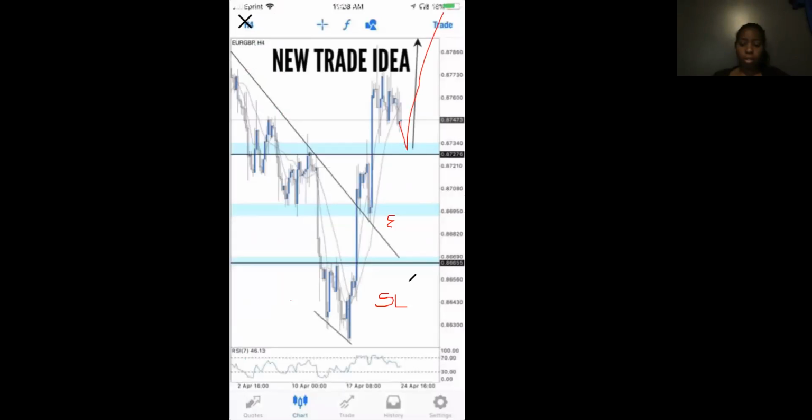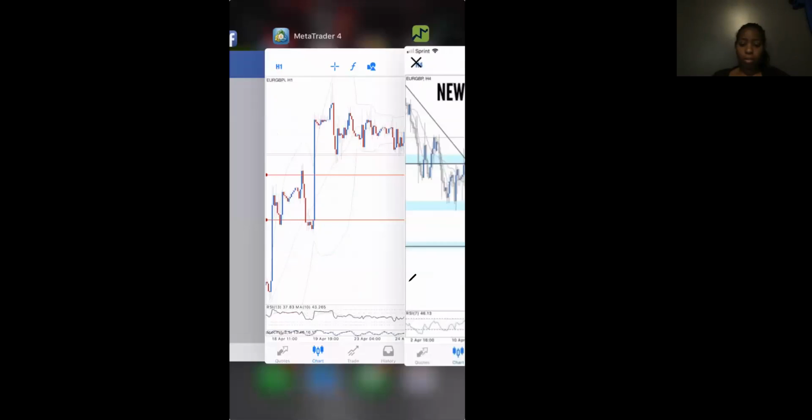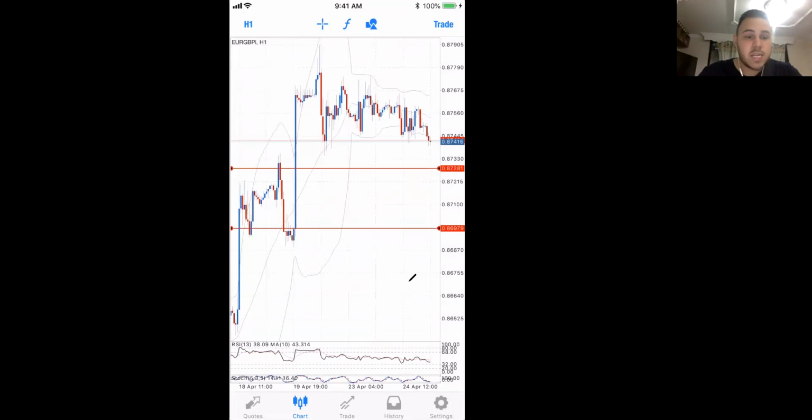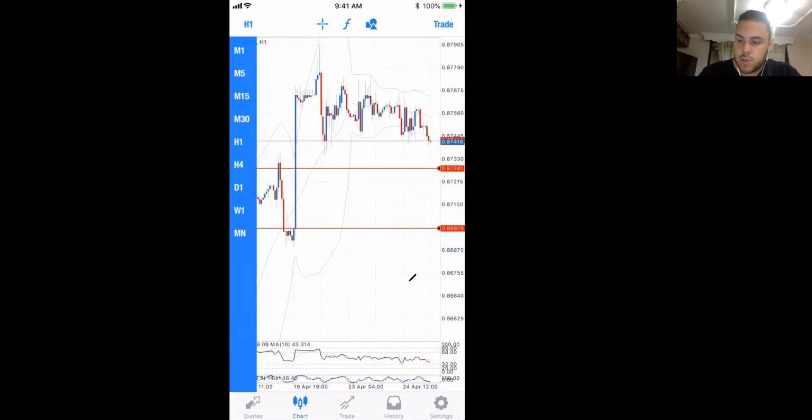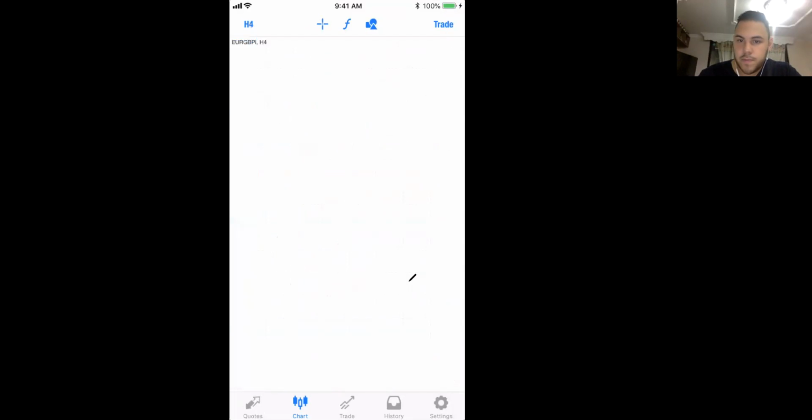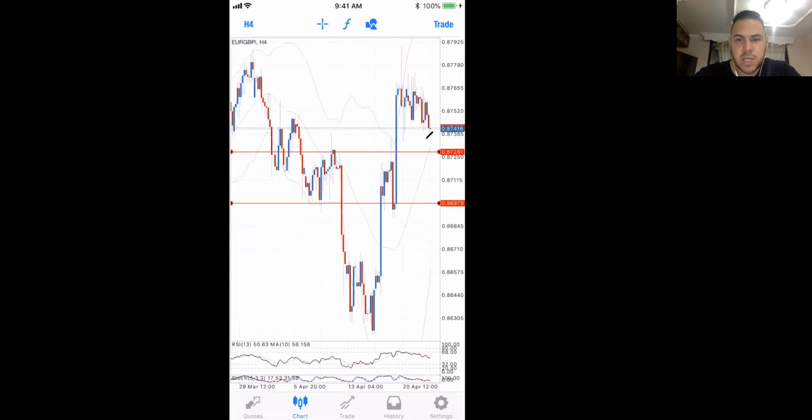And I go to my trading account. I make sure I'm on the same time frame they are, which is H4. And I see the same picture, and I see that the market has not come down yet to go up. I got my entry price right here, and the price is very close, but it hasn't reached my entry price.